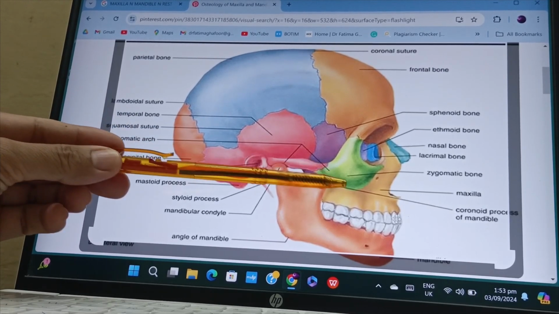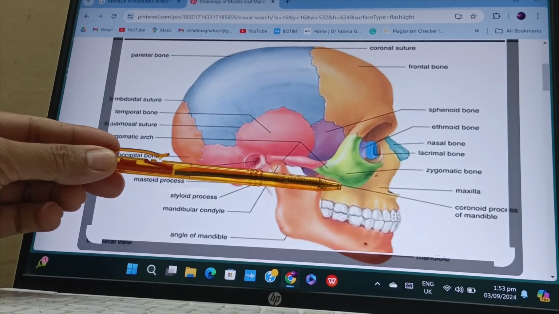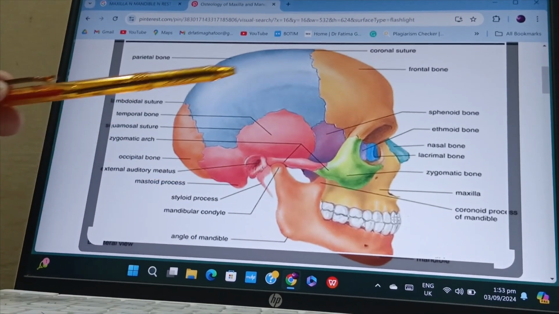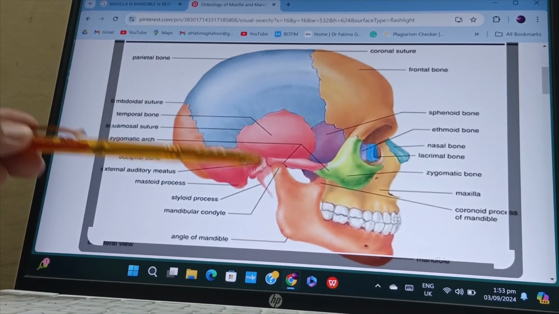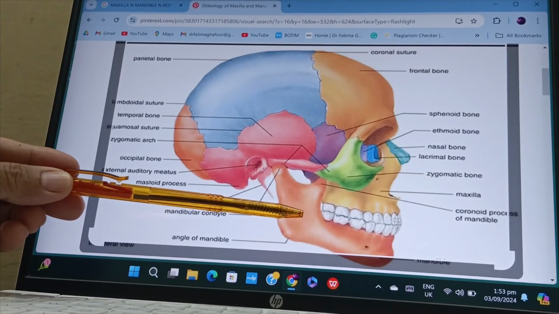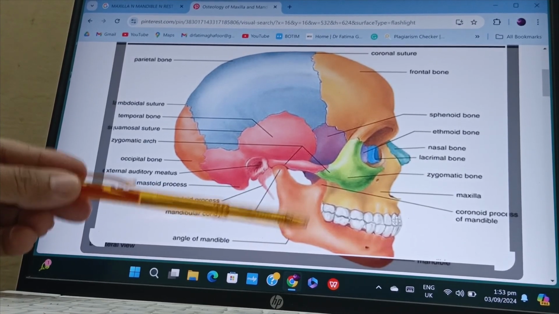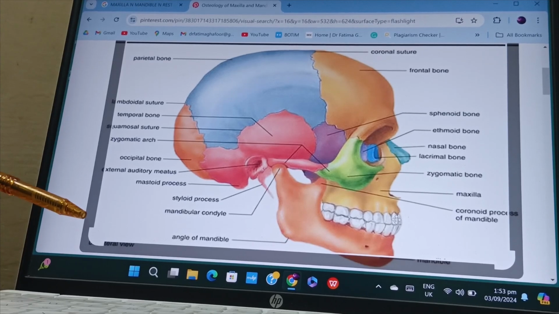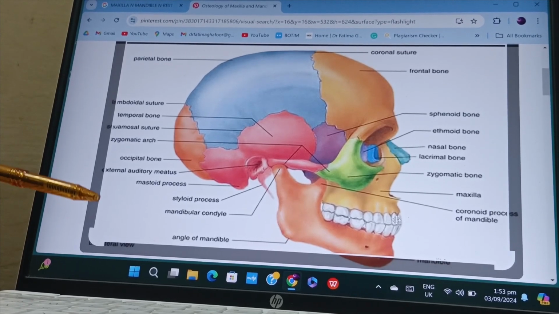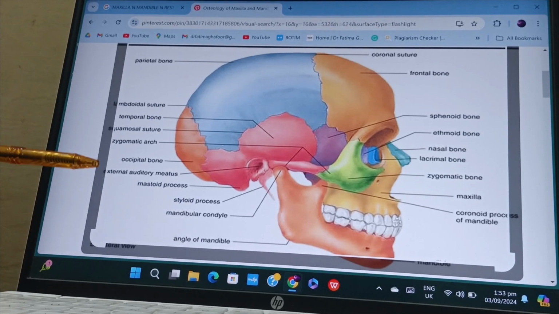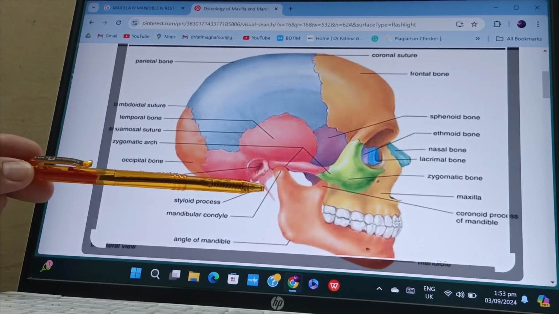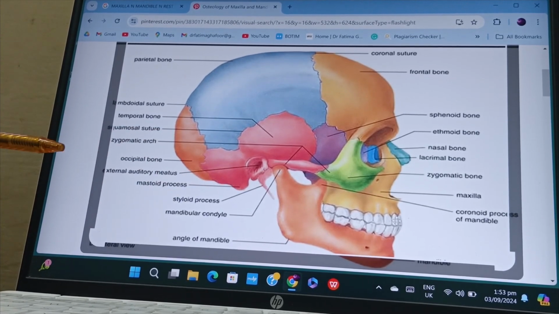These are being formed by the maxillary process of the first pharyngeal arch. In addition to this, the Meckel's cartilage will later on transform into the mandible. Okay, then you can see a few bones derived from the second pharyngeal arch, that is the styloid process.